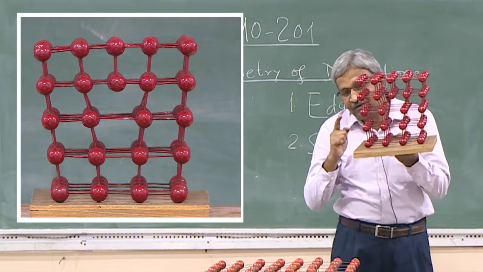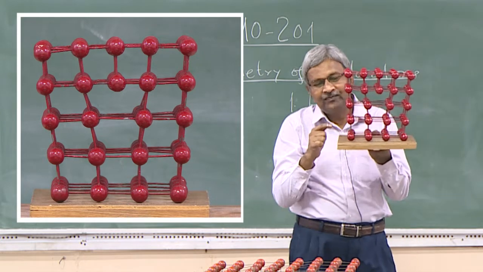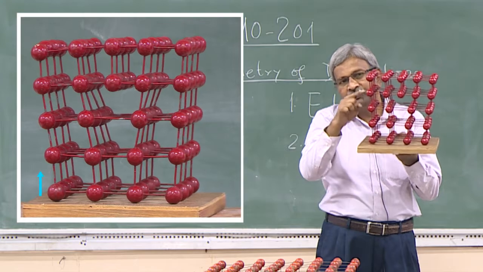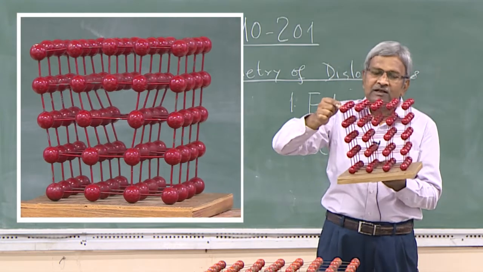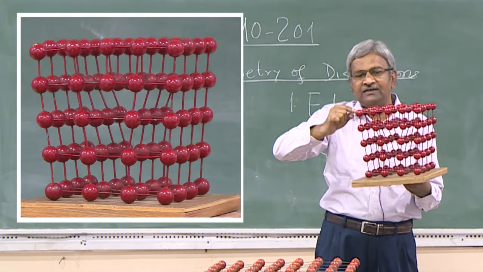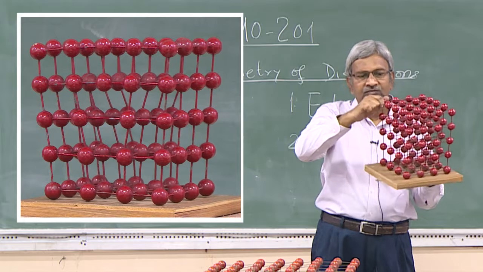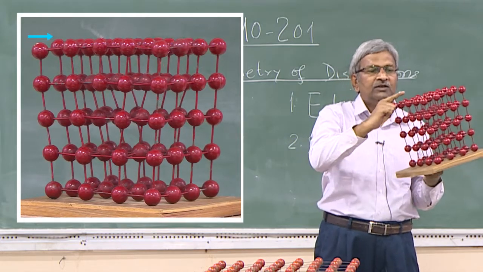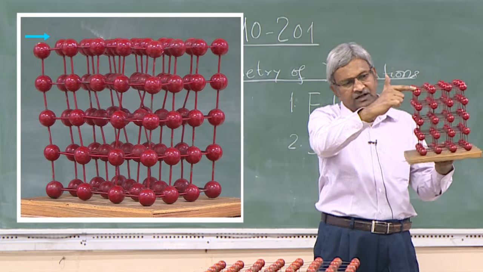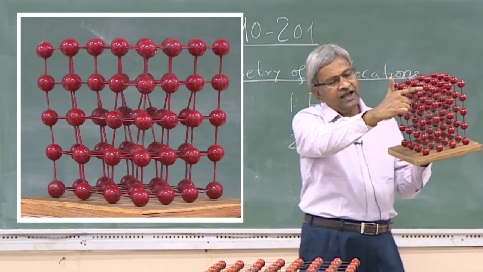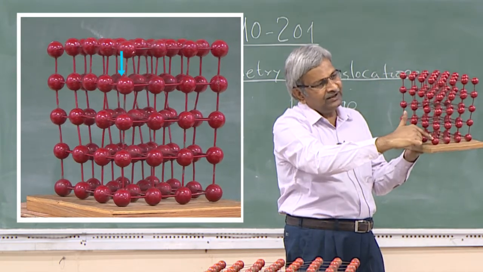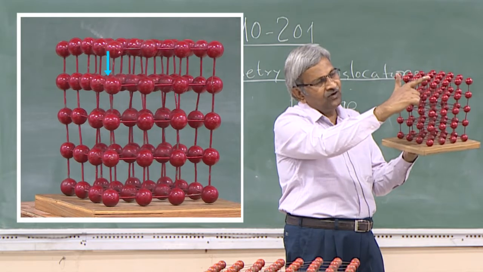As a consequence of this, kindly note that if I start this to be 0, 1, 2, 3, 4, and you want this to be 0, 1, 2, 3, 4, and once you start counting from here to here, what do you find?